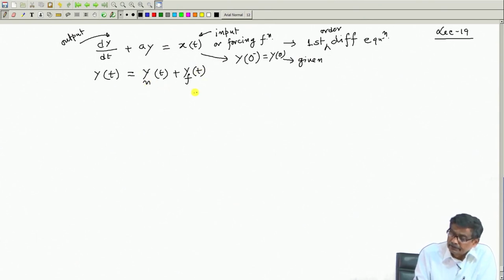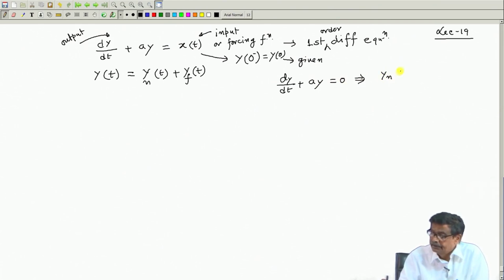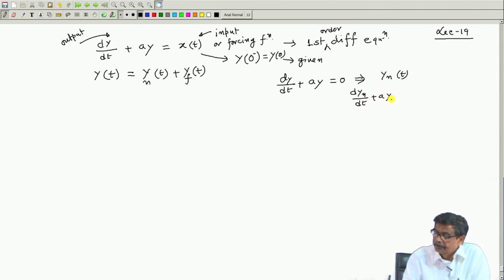Now, this natural response alone will be the solution if the right hand side is 0. If you substitute y n t alone on the left hand side, it will always give rise to 0, because d y n dt plus a y n has to be 0, that is why it is the solution.